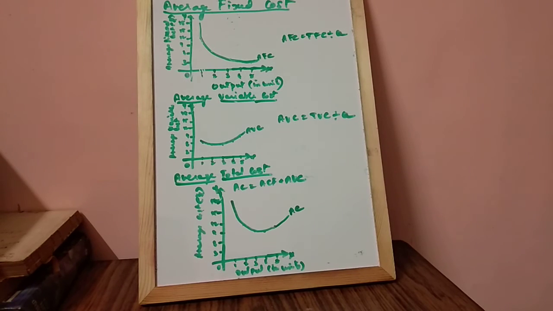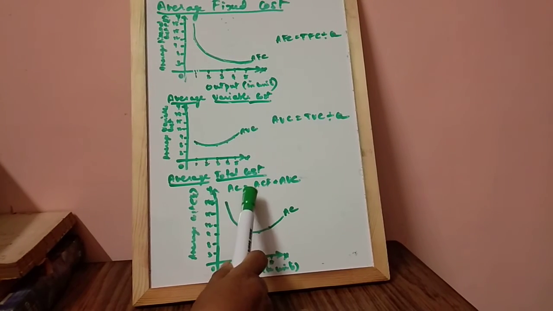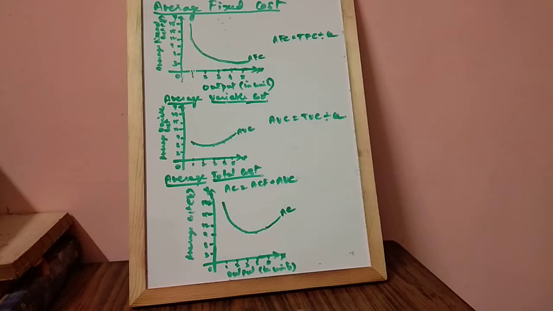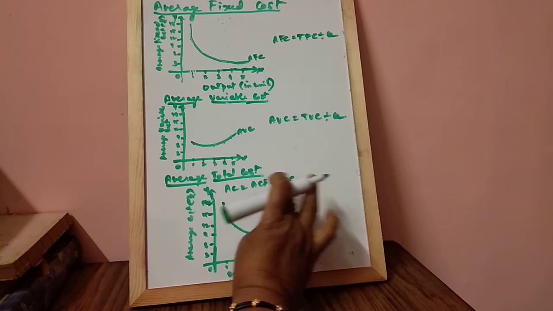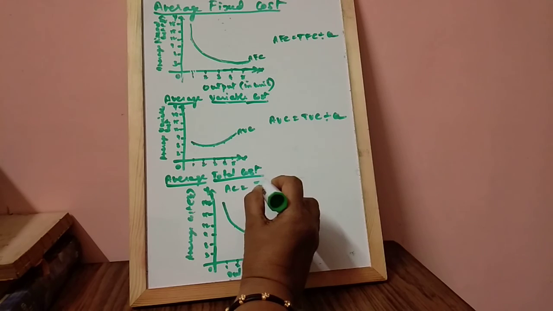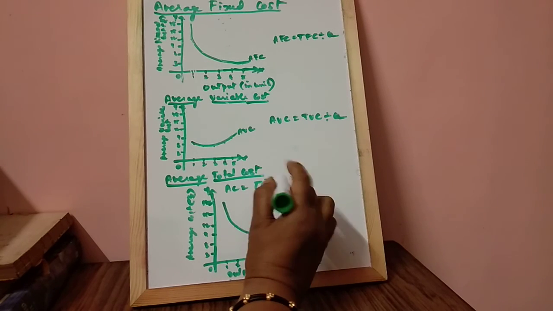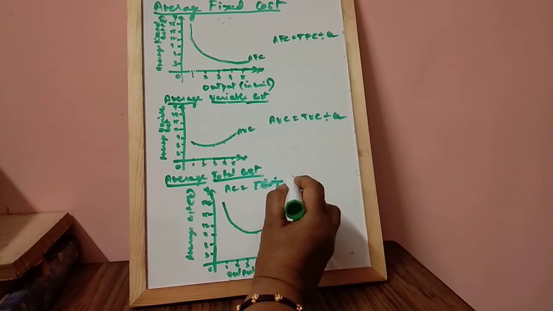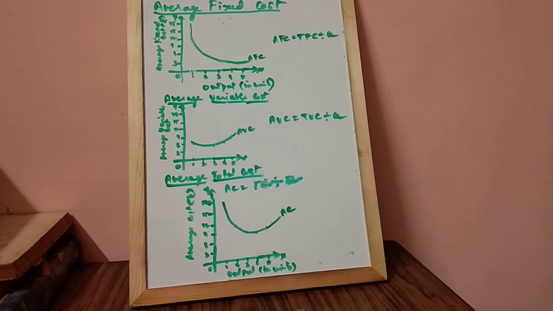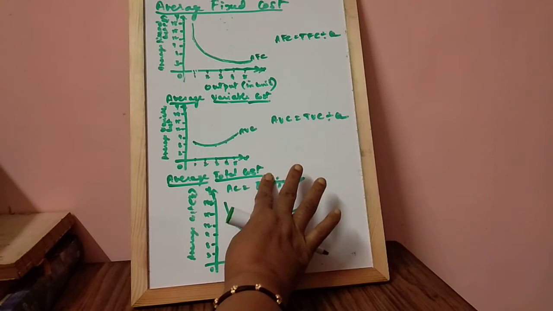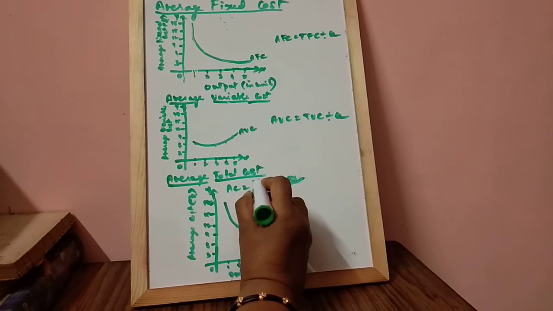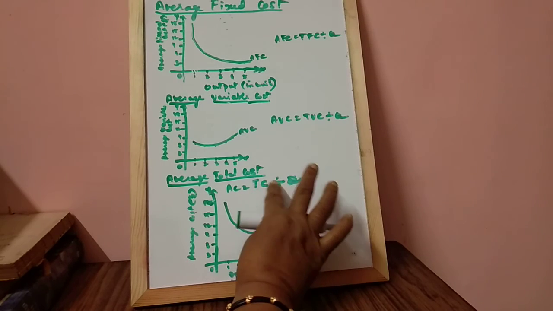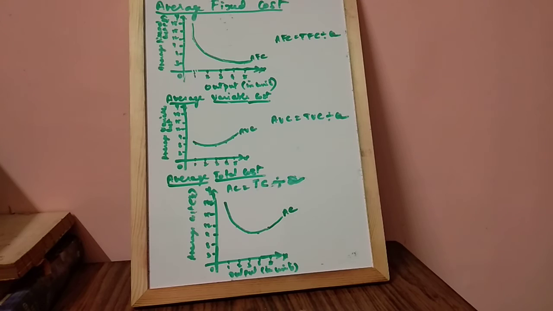So average cost is equal to total cost divided by Q. AC stands for average cost, TC stands for total cost, Q stands for quantity of output.